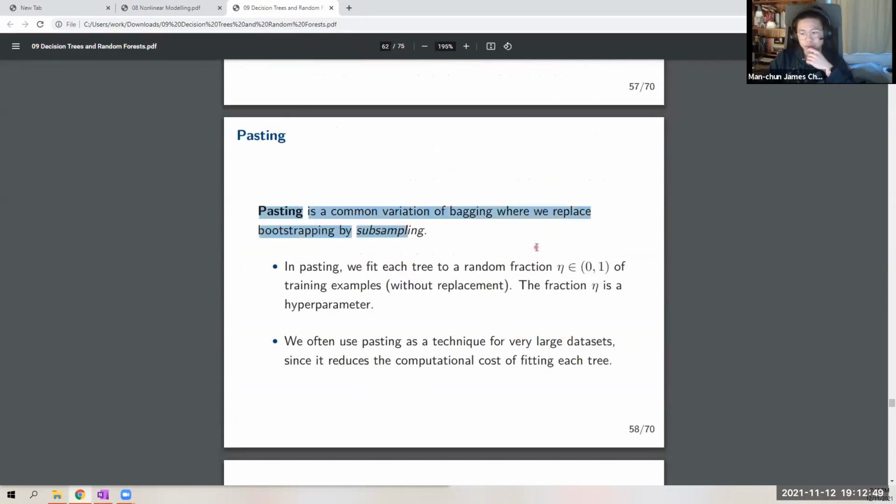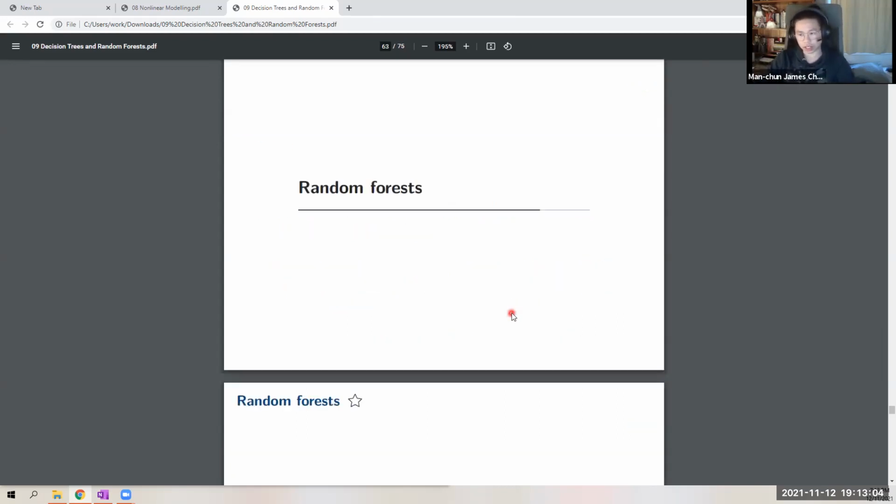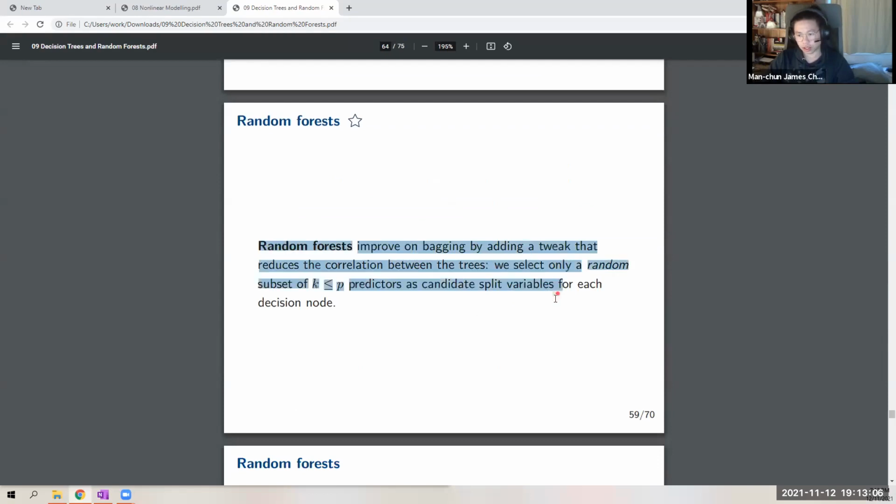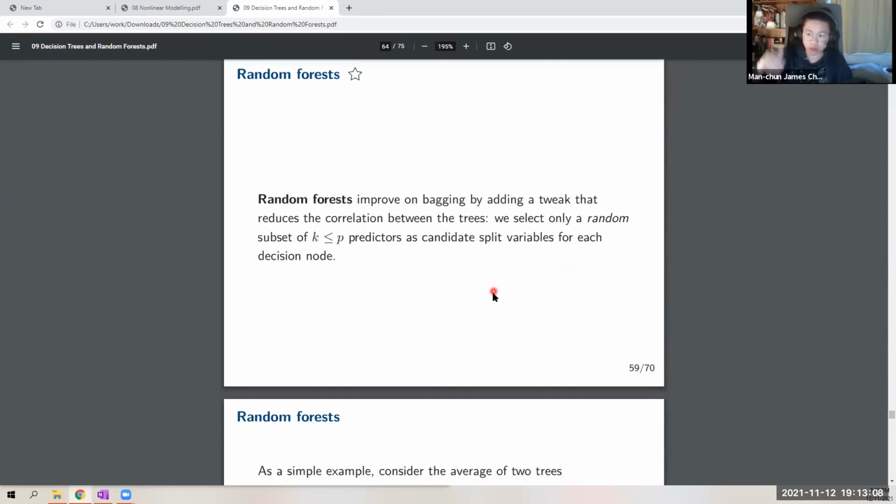Pasting is different: you sample without replacement. In bagging, you take one, put it back, take one, put it back. In pasting, you take one, then take another, and you don't put it back in.